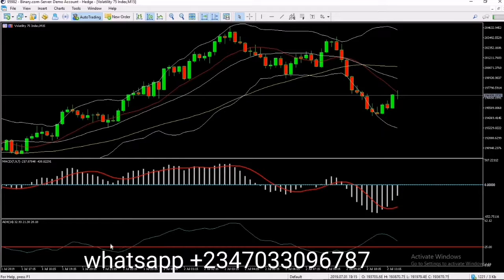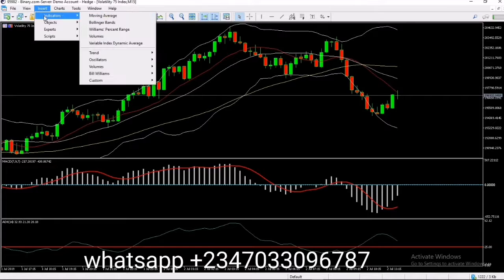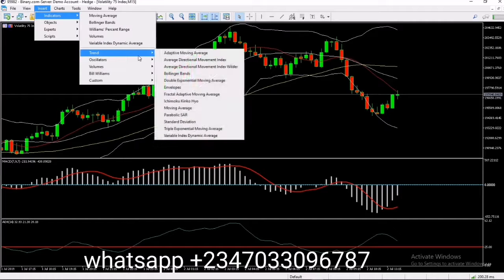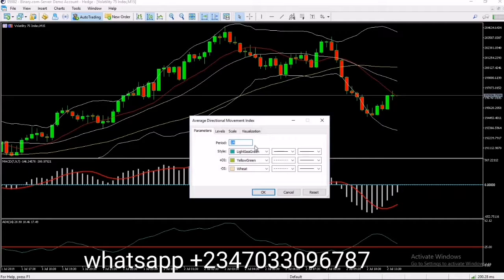Then this is called your ADX. You come to Indicators, and this is it, the Average Directional Movement Index. That's your ADX. When you click on that, your period is 14, and your style should be light sea green.